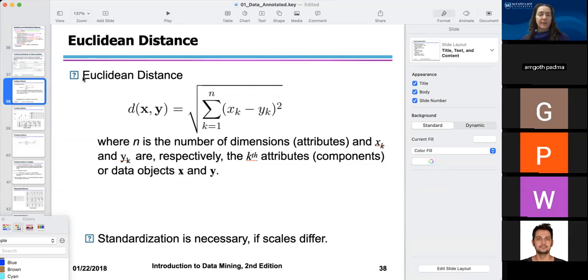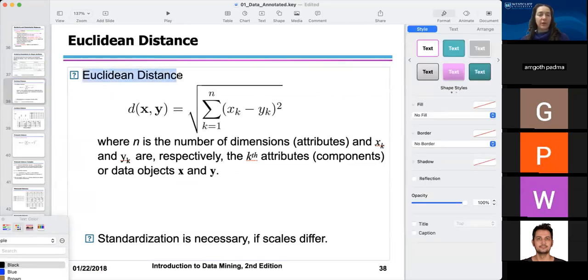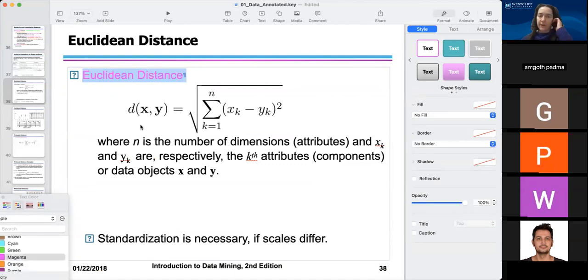So, like I said, it will be easiest if we use numeric values. If we use numeric values, we can easily compute things like the Euclidean distance. So the Euclidean distance is really the distance that we know in our everyday life. If I start drawing some points on a whiteboard in a coordinate system, and I take a ruler, I can measure how far this point is from this point.